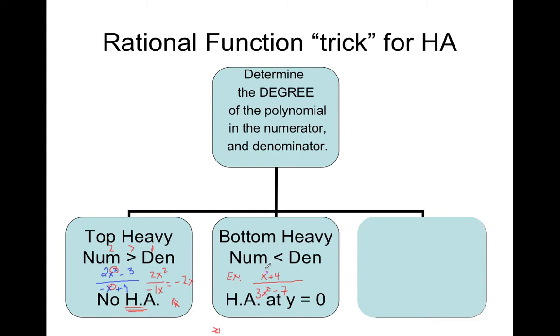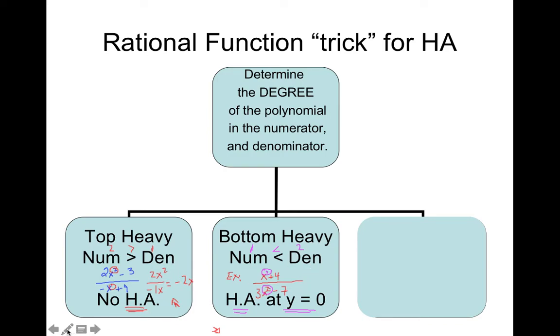So you have an x to the first over an x squared. So the numerator, 1 degree, is less than the denominator, which means you will have a horizontal asymptote, and further, that horizontal asymptote will be at 0.